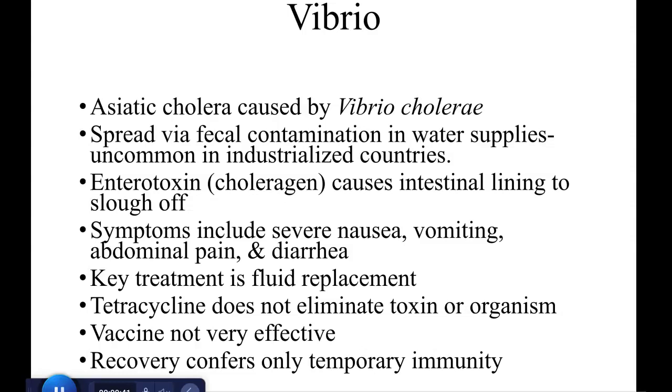So we often hear about cholera as kind of a secondary problem after devastations like earthquakes and hurricanes. We will not be seeing any Vibrio cholera in lab. We will also not be seeing any spirochetes in lab. But these are just a couple of examples.